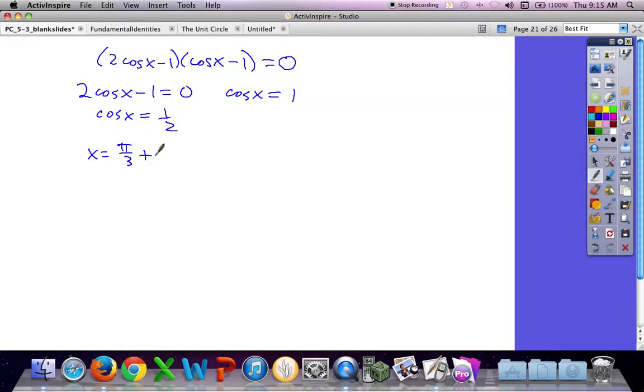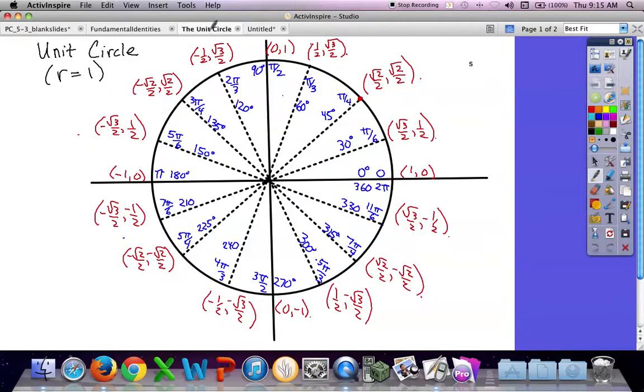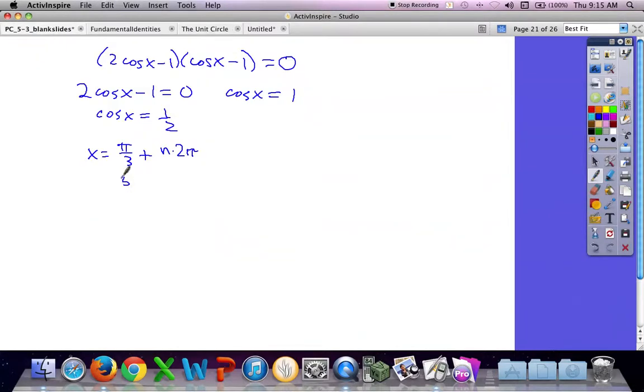How often does it repeat itself? 2 pi, right? Every 2 pi around, it'll get back to that same place. So you have to say n times 2 pi. And then for the other one, which was down here, 5 pi over 3, you have to do the same thing, right? 5 pi over 3 plus n times 2 pi.